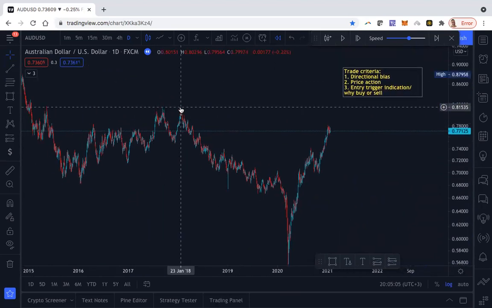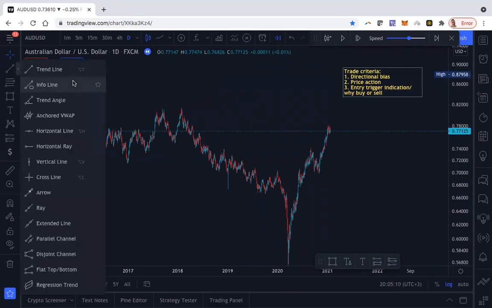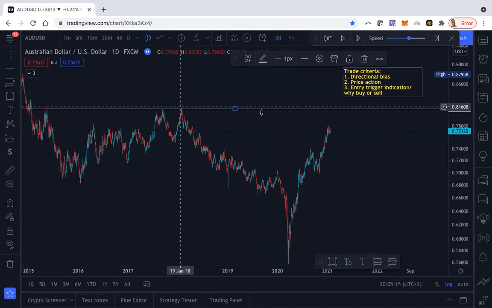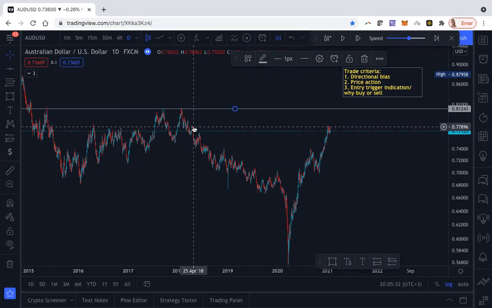So the high of this level was in January 2018. That's a significant piece of information. AUD has not broken this level, and hasn't been here since January 2018. It just got to the 25th April 2018 level, about here, where price actually bounced off.